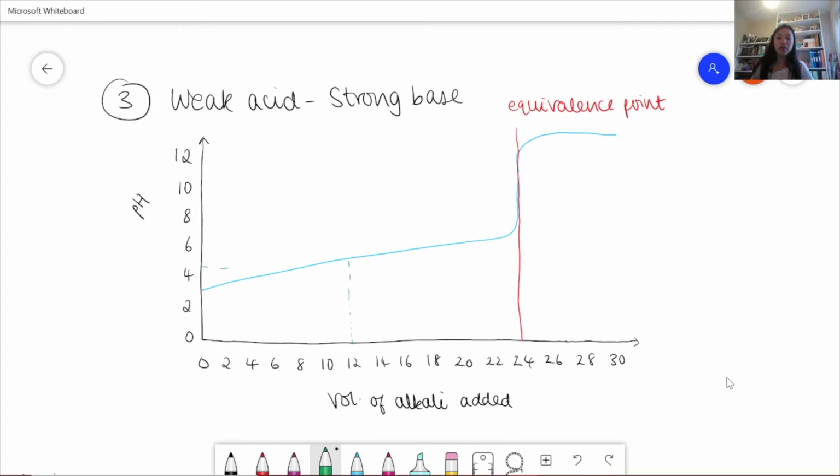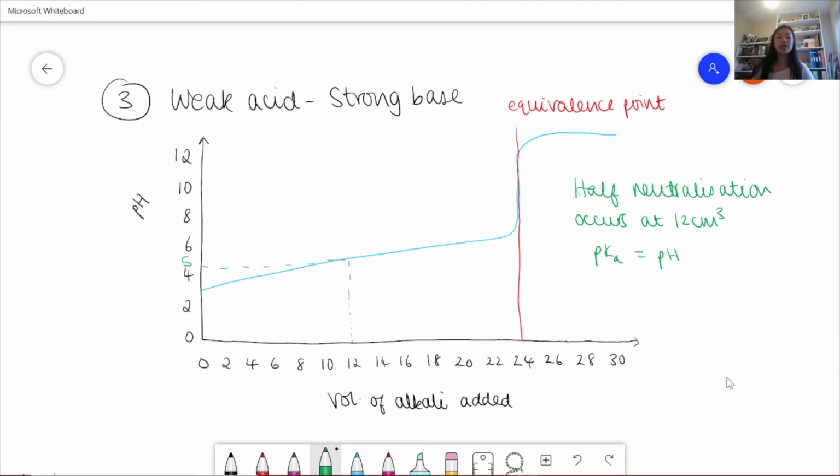And so we would draw two straight lines, and it's about 5, the pH. And so we can say that half neutralization occurs at 12 centimeters cubed. And we know that at half neutralization, the pKa is equal to the pH.